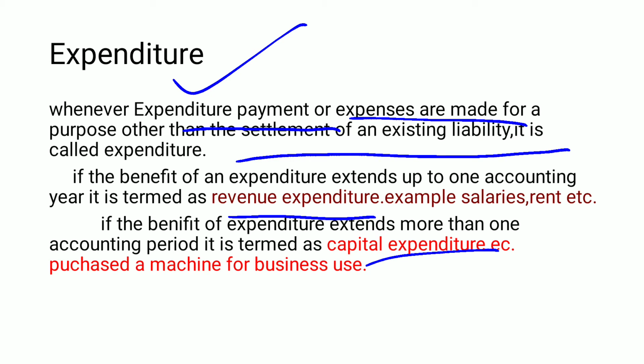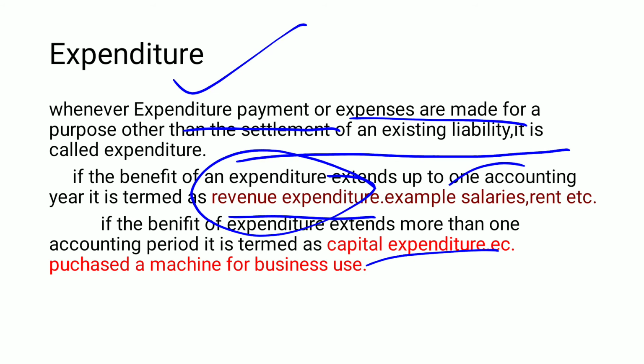For example, whatever amount is spent, if you are getting the benefit of that amount within a year, if the benefit extends only up to one accounting year, means within a year its benefit ends, then it is treated as revenue expenditure.